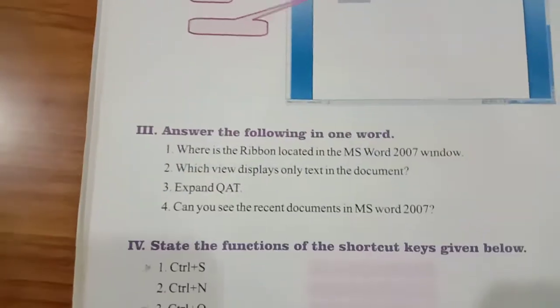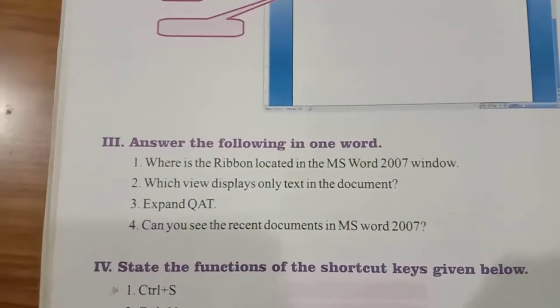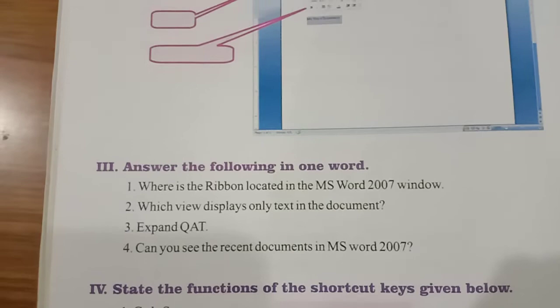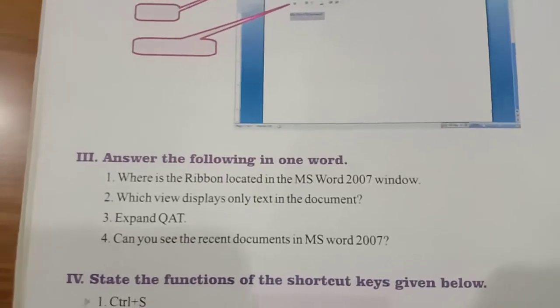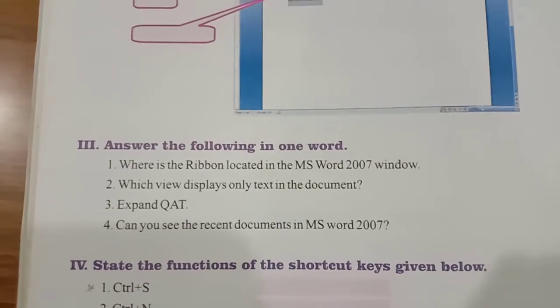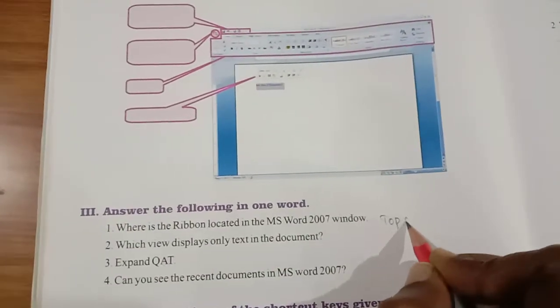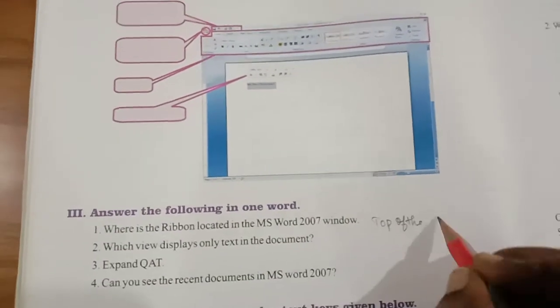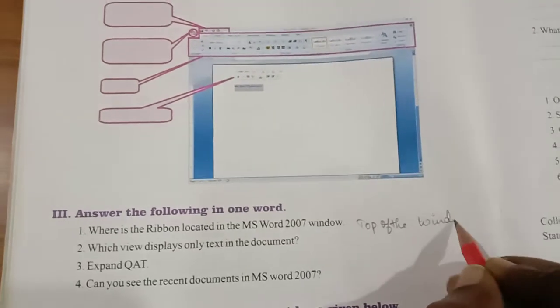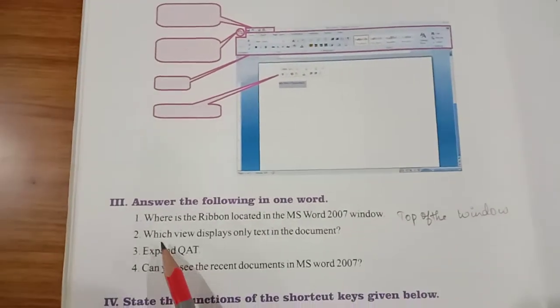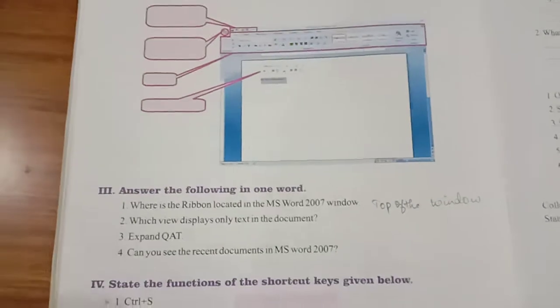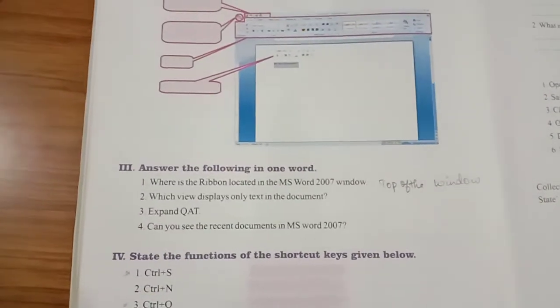Next, third main, answer the following in one word. Where is the ribbon located in the MS Word 2007 window? Top of the window. Which view displays only the text in the document?